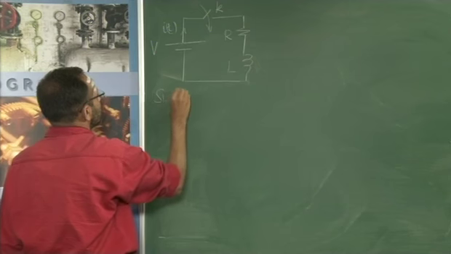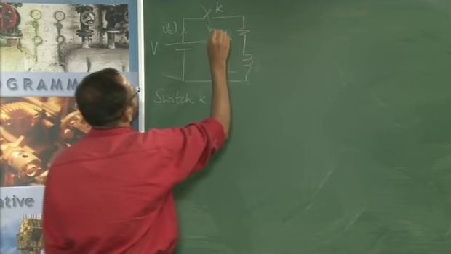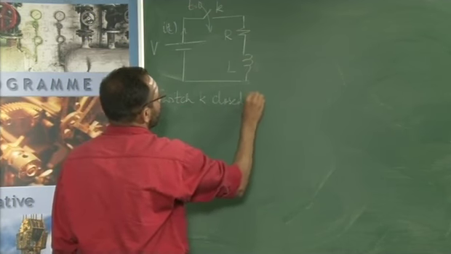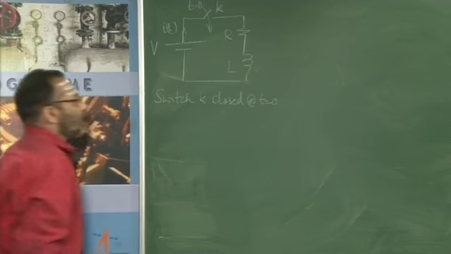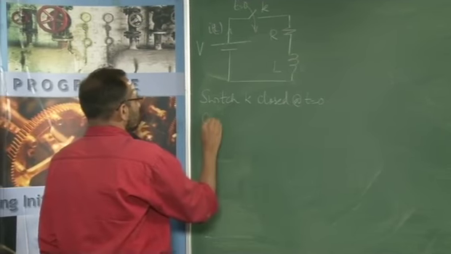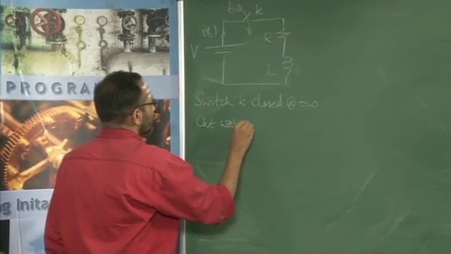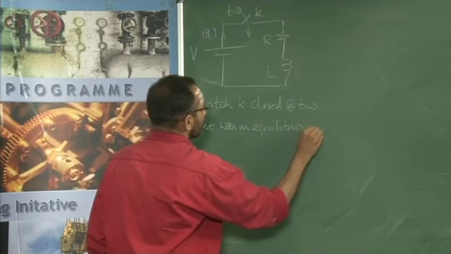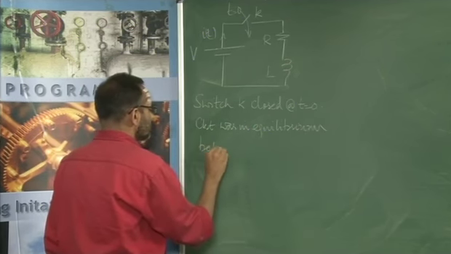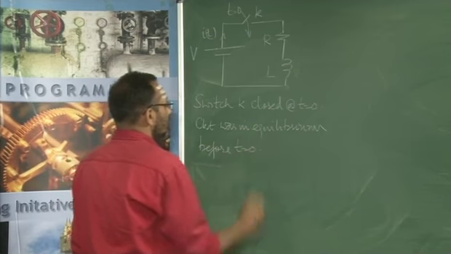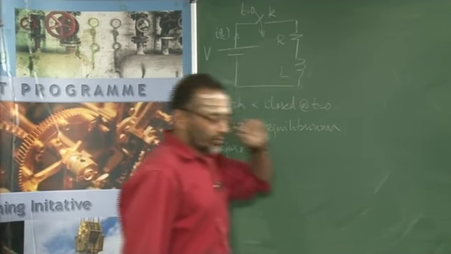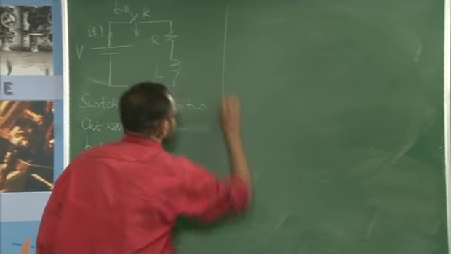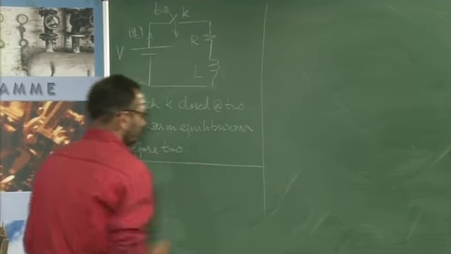Switch K is closed at t equal to 0, and before the switch was closed, the circuit was in equilibrium before t equal to 0, which means if it was in equilibrium, there was no current through the inductor. So, that is straightforward.